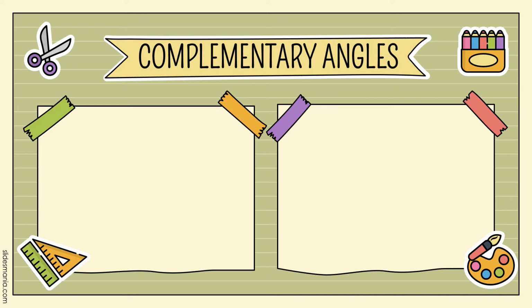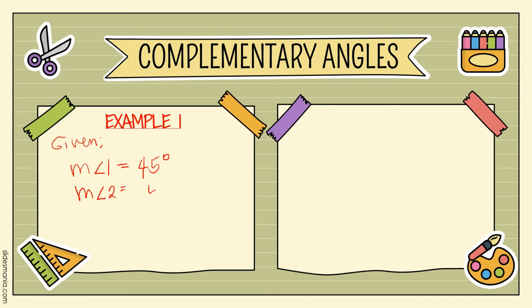So let us have here more examples. For example 1, this time I am going to write an example. We have here a given wherein I have angle 1 which measures 45 degrees, and then I also have angle 2 which measures 50 degrees. Now, I have a question. Are these two angles complementary?